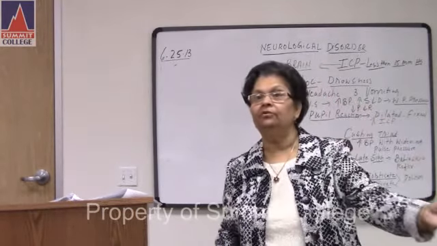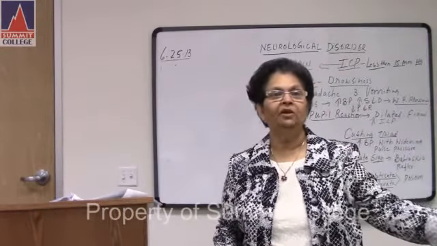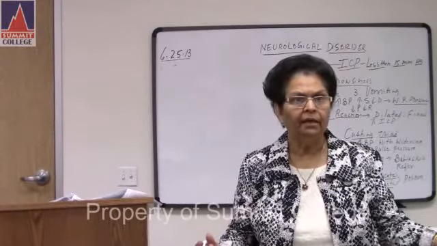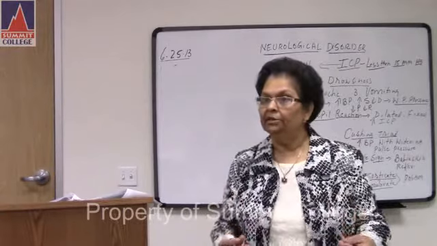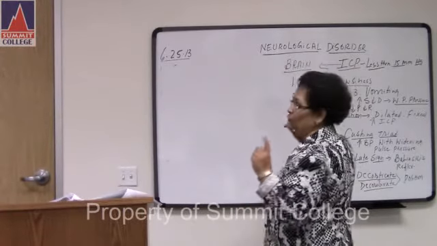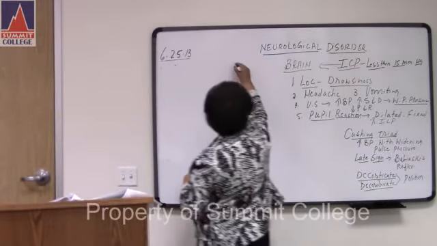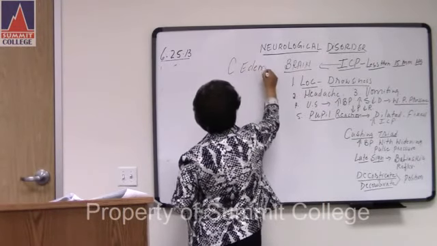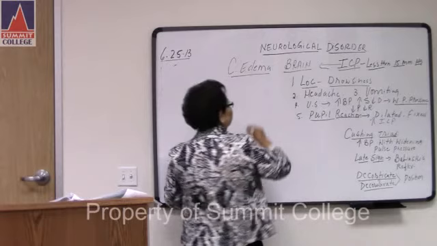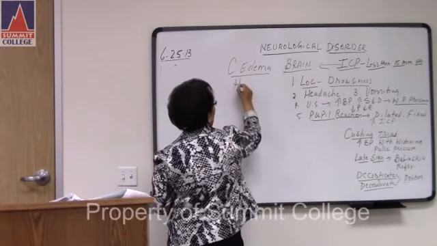What does it lead to? What can happen when you hit the head? Bleeding. And what is the bleeding going to cause? Edema. So remember, I want you to write on the side: cerebral edema. Any word, cerebral edema. Hemorrhage word.